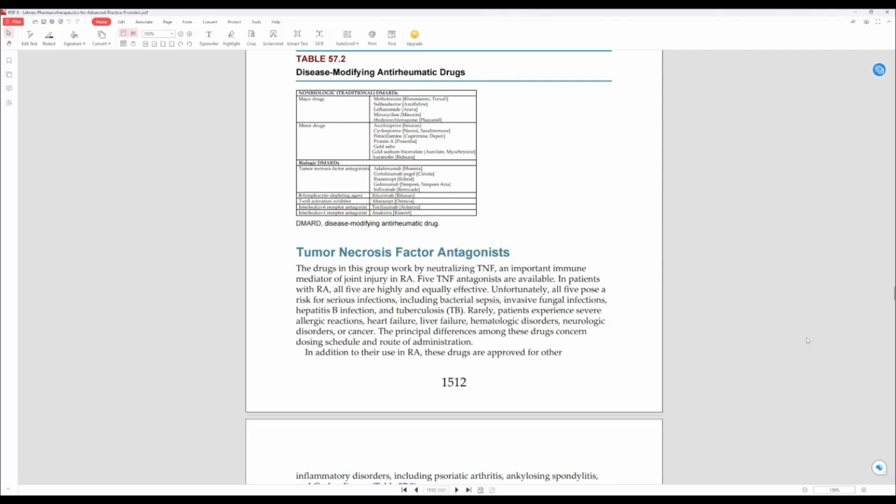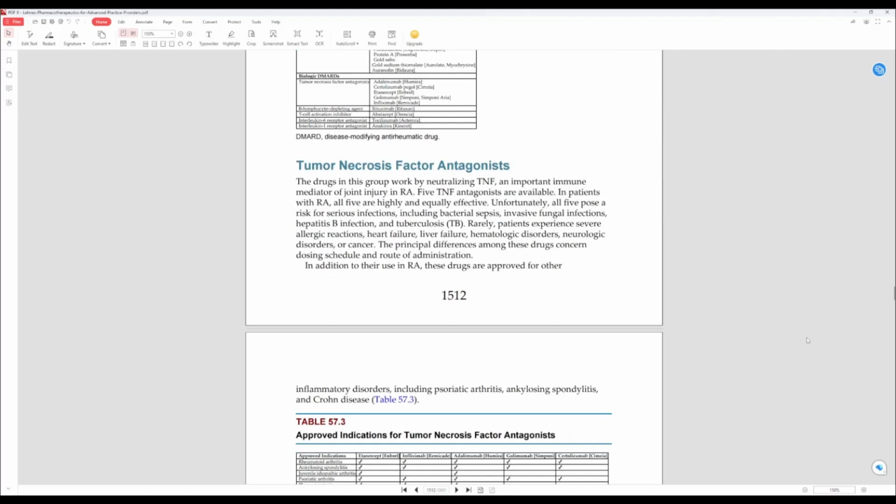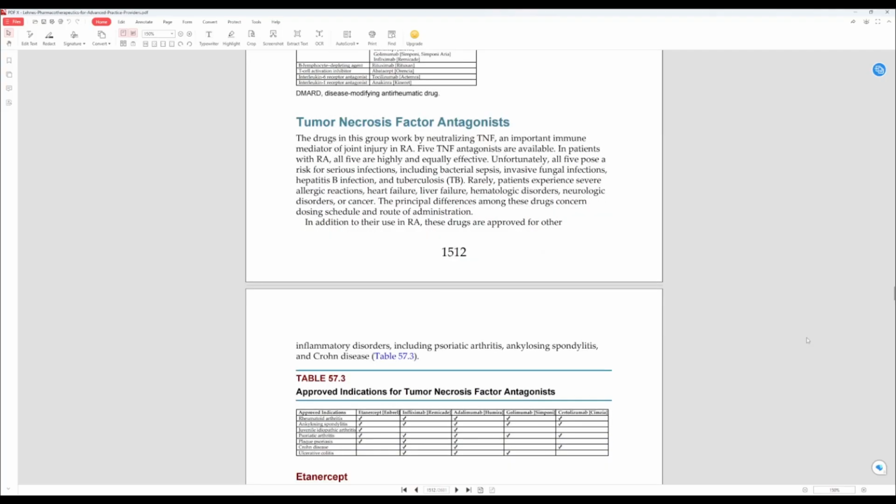Your tumor necrosis factor antagonists. The drugs in this group work by neutralizing tumor necrosis factor, an important immune mediator of joint injury. In rheumatoid arthritis, 5 TNF antagonists are available. In patients with RA, all 5 are highly and equally effective.